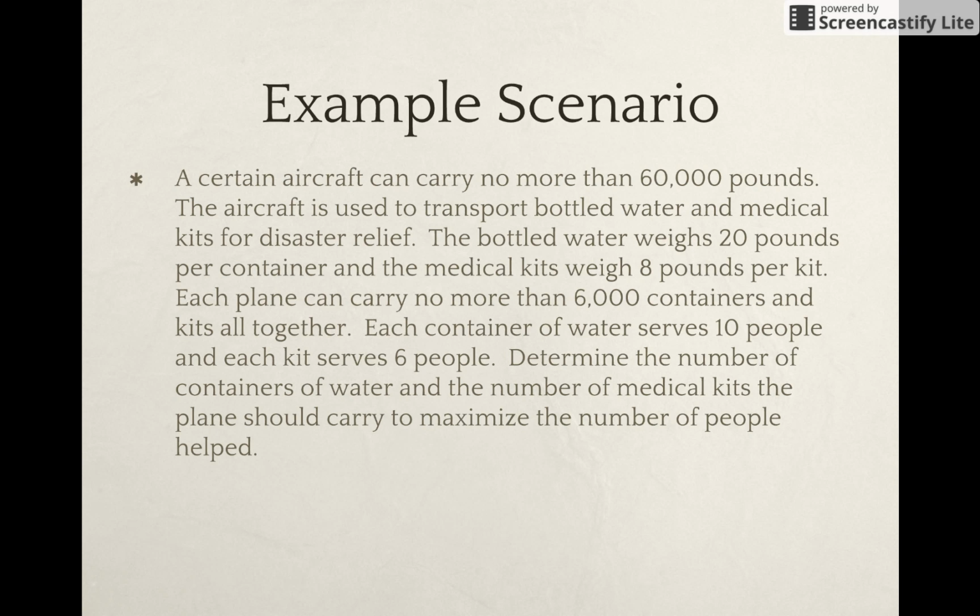Each plane can carry no more than 6,000 containers and kits altogether. Each container of water serves 10 people, and each kit serves 6 people. We want to determine the number of containers of water and the number of medical kits the plane should carry in order to maximize the number of people helped.